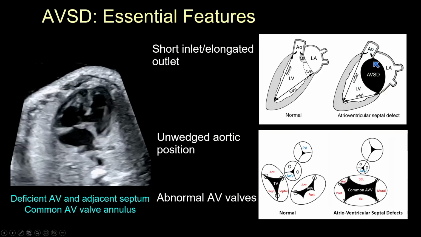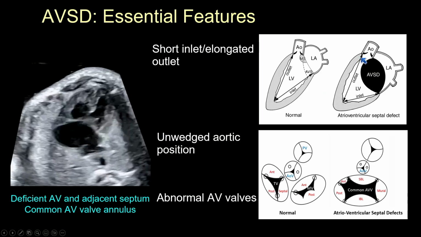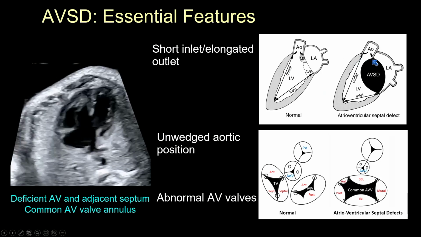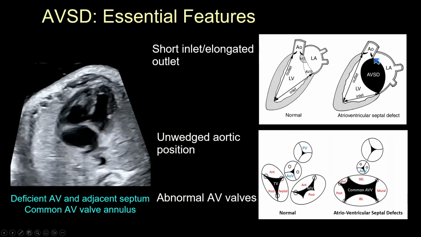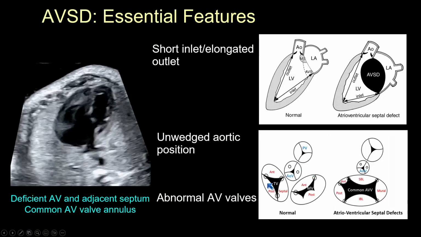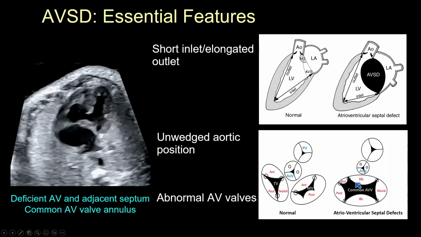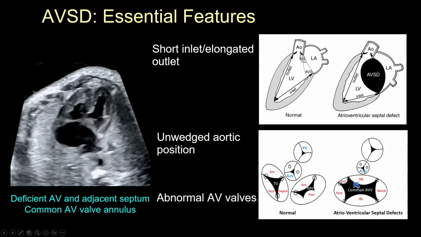The outlet part is not just the ventricular septum, but also the superior bridging leaflet that forms part of the outflow tract because of this abnormality. As a result, the aorta is not wedged between the two AV valves, but becomes unwedged. It's not in between the common AV valve or a partial AV valve.